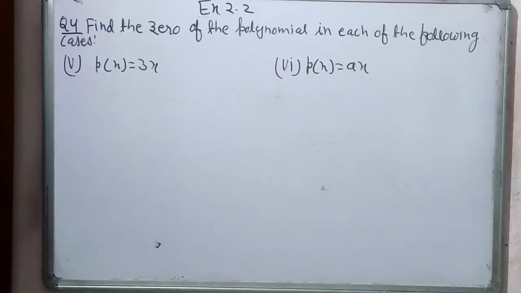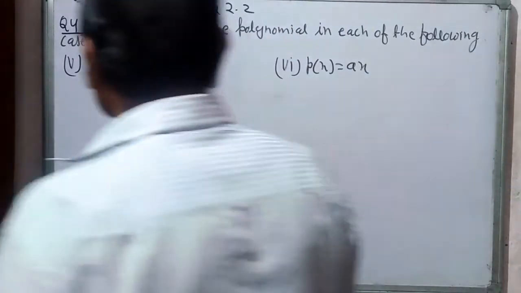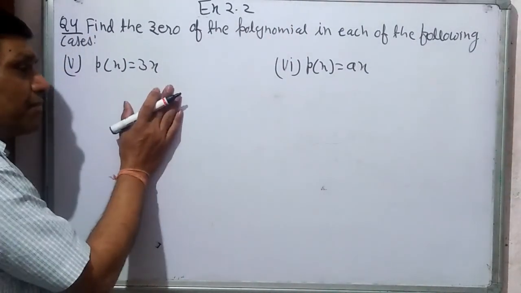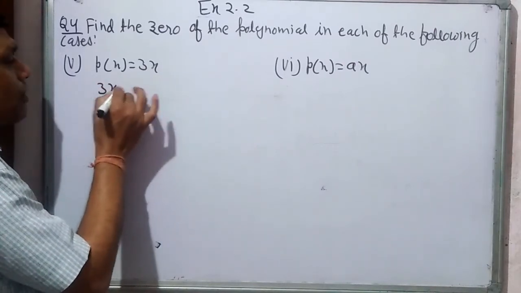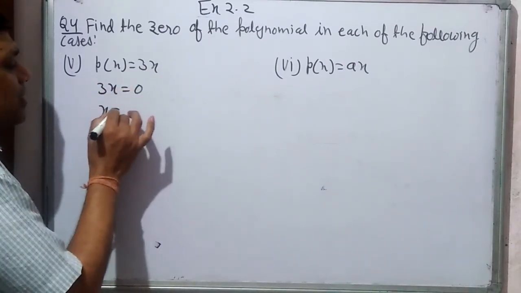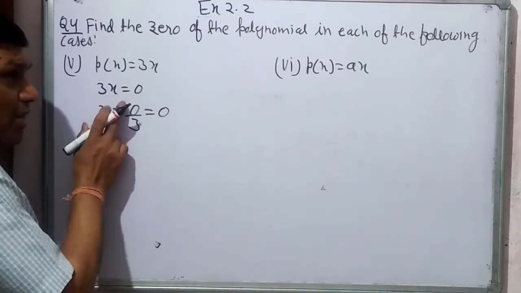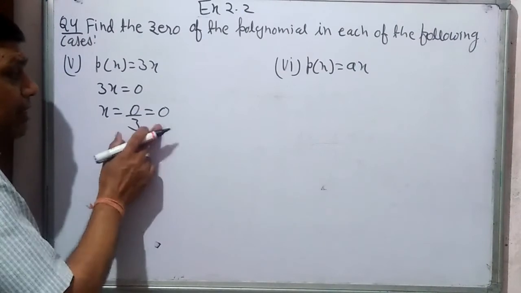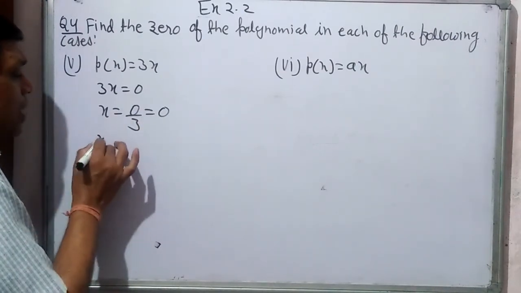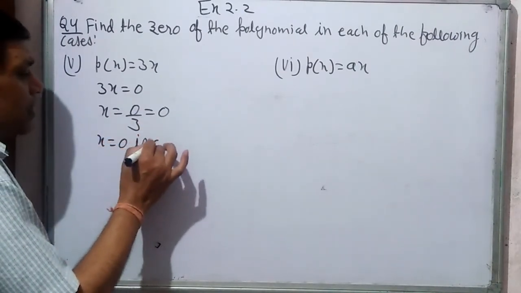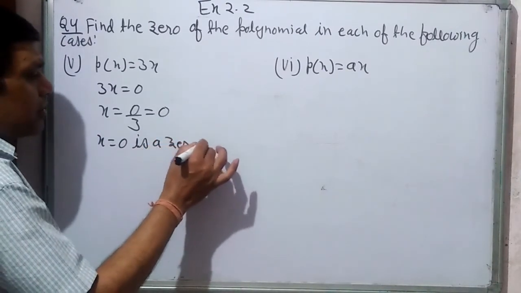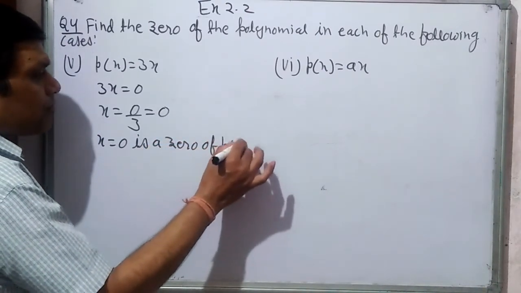The fifth part is p(x), that is the polynomial is 3x this time. Let us put this as 0. What we get is x equals 0 upon 3. Now when 0 is divided by any number, we get 0. So x equals 0 is a 0 of p(x).